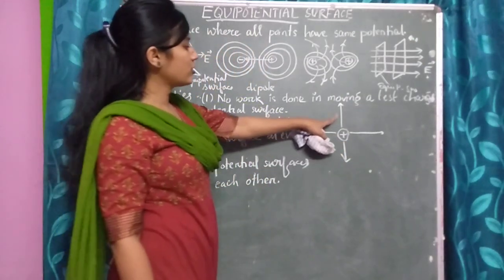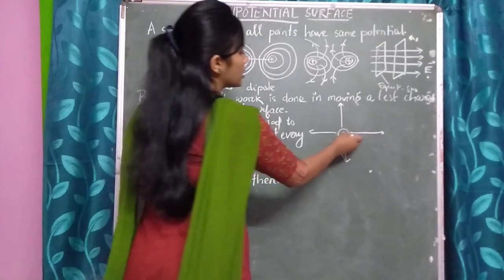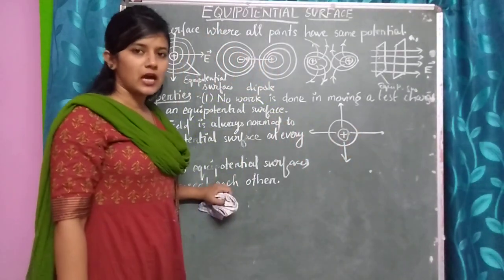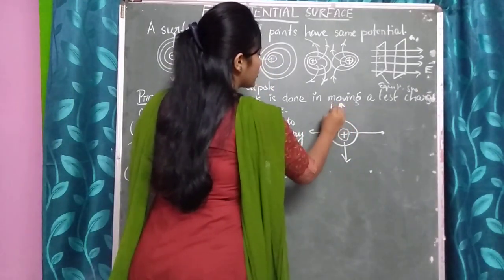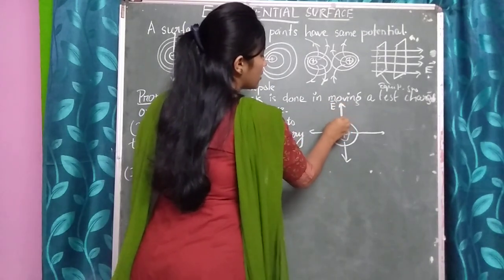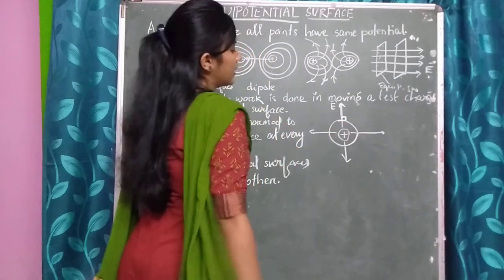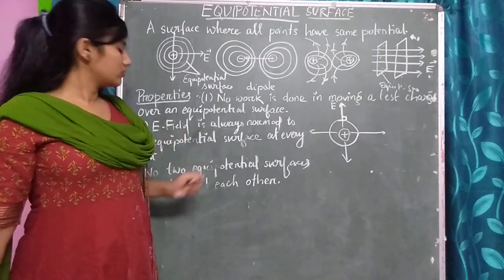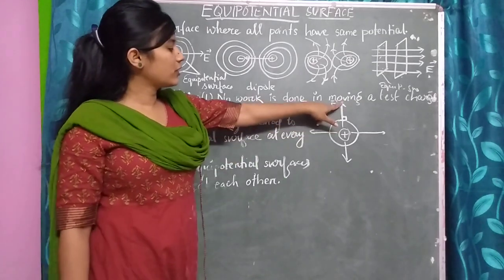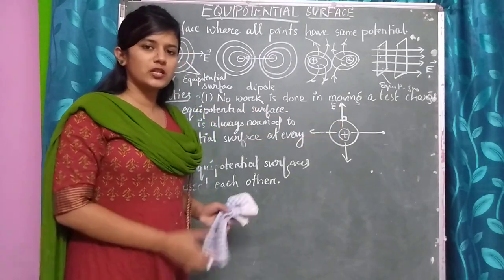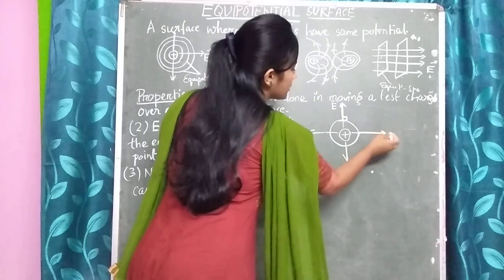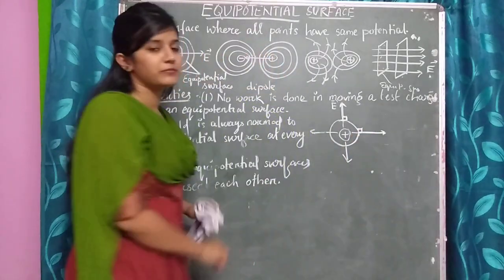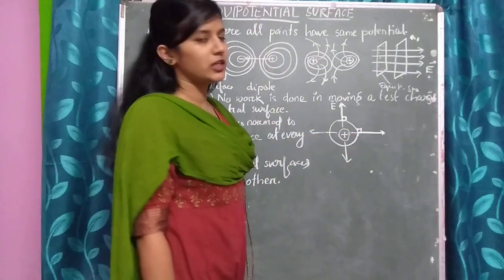The electric field is always perpendicular to the equipotential surface. This is an equipotential surface for this point charge, and the electric field direction and the surface make an angle of 90 degrees. So this is property 2: the electric field is always normal to the equipotential surface. For this also you can see that the equipotential surface makes an angle of 90 degrees.